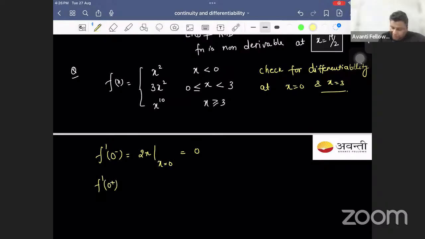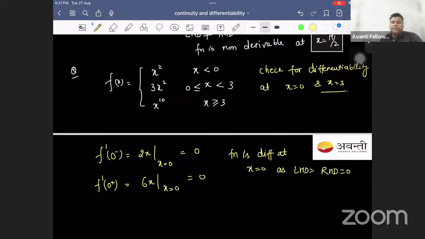Now f dash 0 plus. Now on the right of 0, the definition is 3x square, so the derivative of the function will be 6x. So at x equals 0, this is again going to be 0. That means the function is differentiable at x equals 0 as LHD equals RHD equals 0. Got it?